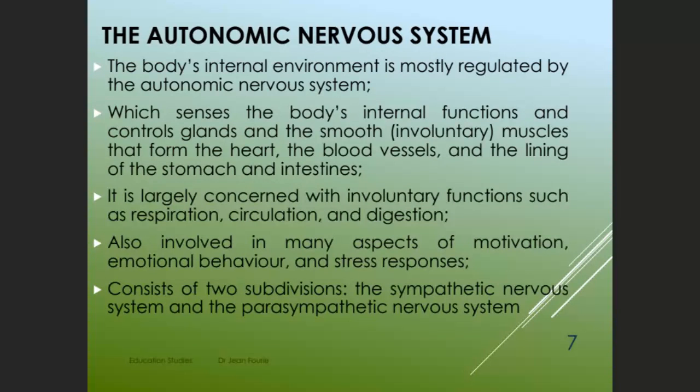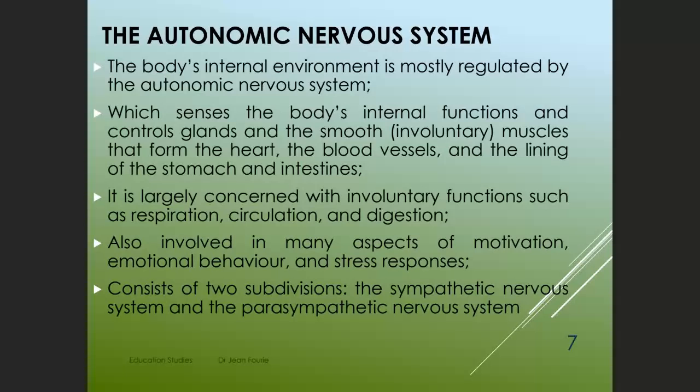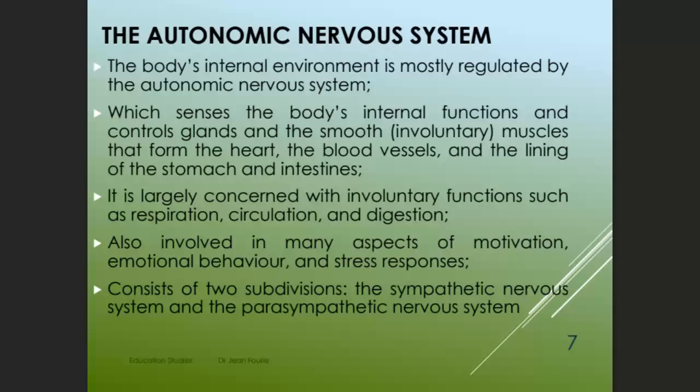These organs and their functioning are controlled by involuntary muscles. So we have very little control over that, and the involuntary functions such as your respiration, your breathing, circulation of the blood, and the digestive system, all of these are happening as part of our body functioning.